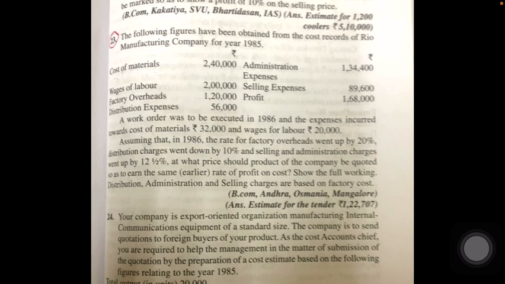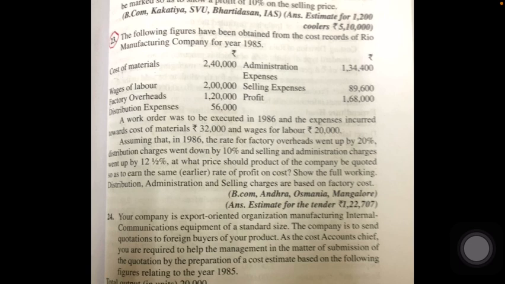It is mentioned that the overheads are to be recorded as a percentage on factory overheads, as a percentage on labor, office overheads as a percentage on works cost, selling and distribution overheads as a percentage on works cost. And these rates are not remaining same as before. There are some changes. Factory overheads are increasing by 20%. Distribution overheads are decreasing by 10%.